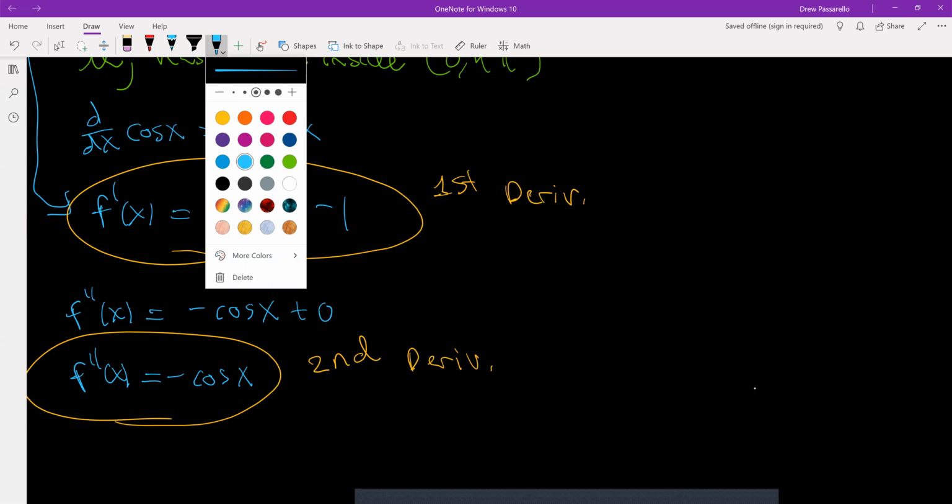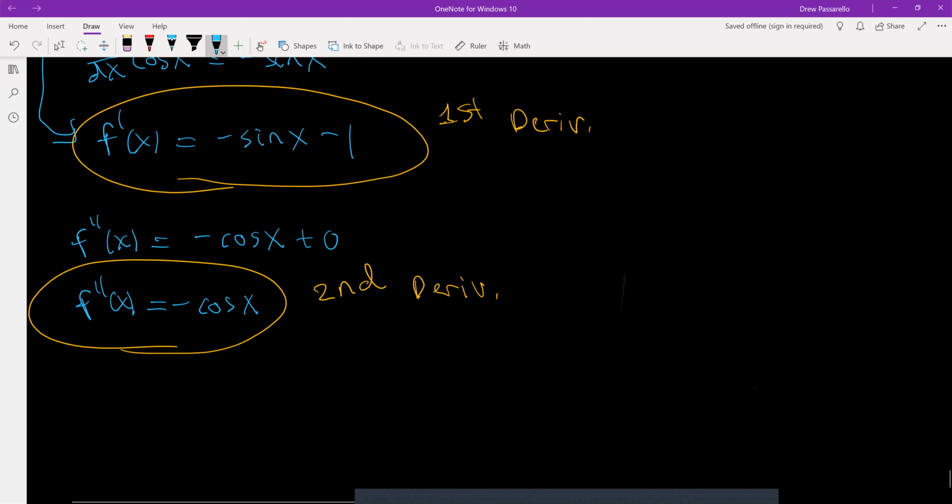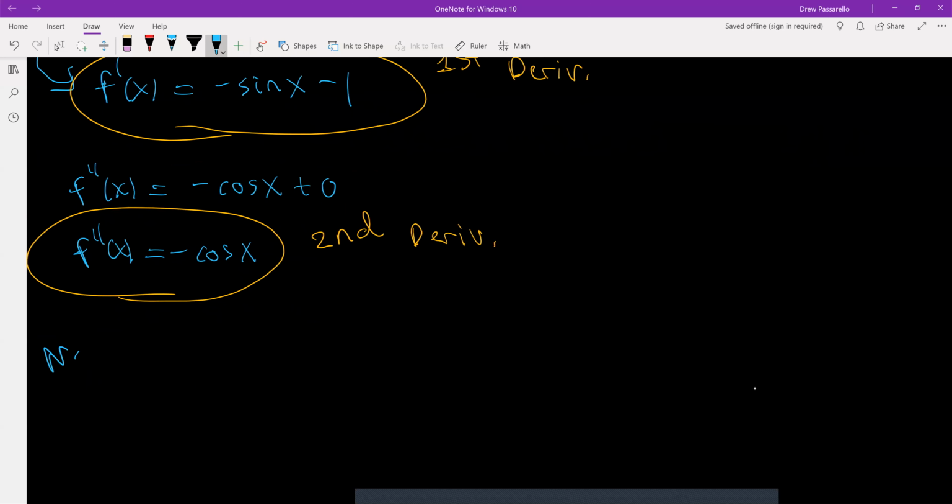Now I'm going to find any critical numbers. We find critical numbers where the first derivative is 0. So we set the first derivative equal to 0.